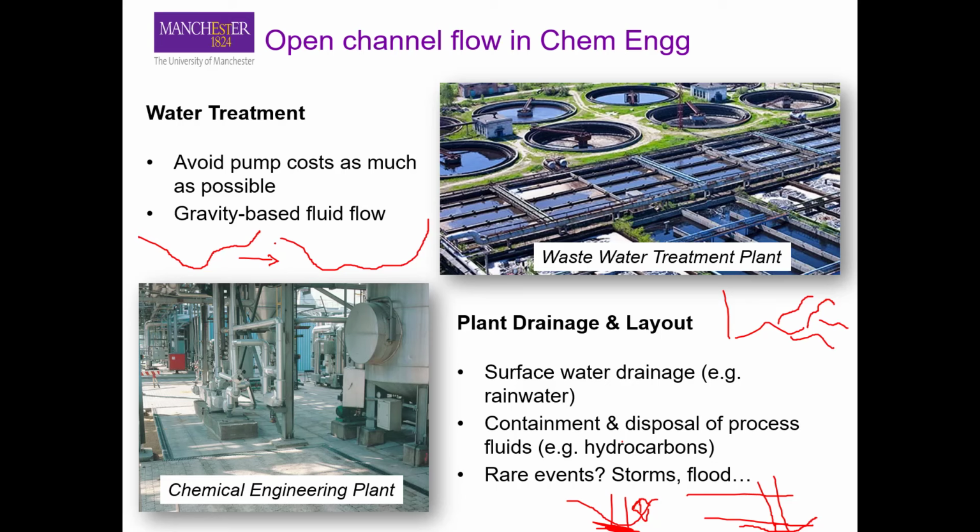And by changing this shape, the river is going to change its flow, and you need to know this information, because it is going to affect the river flood management plan. Okay, so these things are very important for flood prevention analysis. Okay, so these are just a couple of examples that I gave for open channel flows. Obviously, there are many more examples for open channel flows for chemical engineers as well.